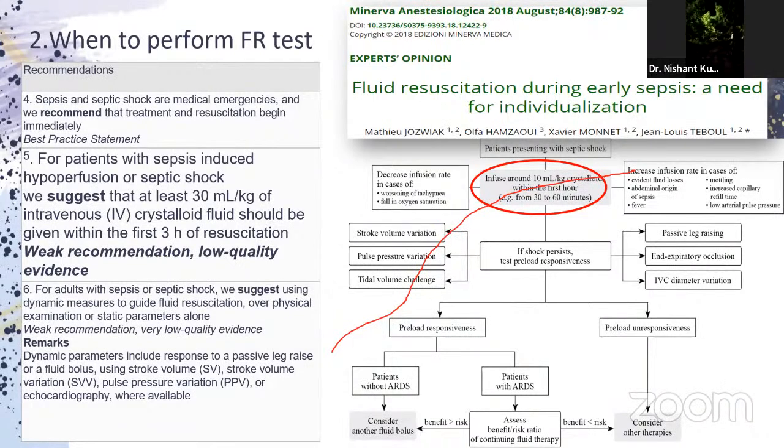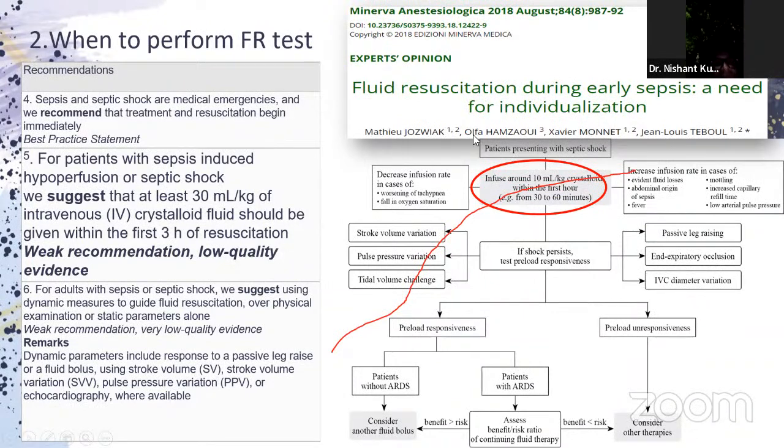And you can increase the infusion rate in cases of evident fluid losses. Obviously, if there's evident hemorrhage, you keep on giving fluids. Also if there is mottling, increased capillary refill time, low arterial pressure, fever, or abdominal origin of sepsis. Now, this is the initial challenge. And if the shock persists, we see whether the fluid will help the patient or not.